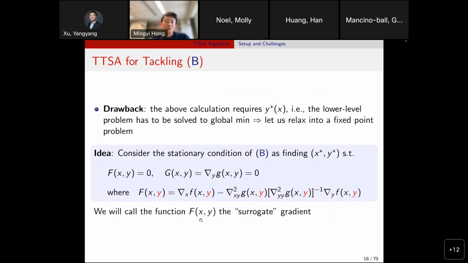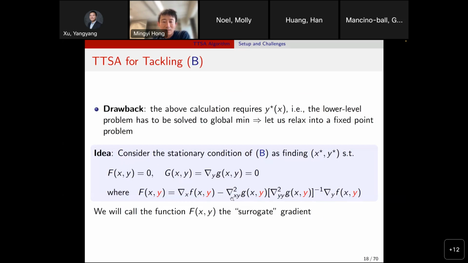Okay, so the idea here is that let's again go back to the stochastic system approach. Let's find two different systems, and let's try to find zeros for the system. Okay, so the first system is the upper level system.